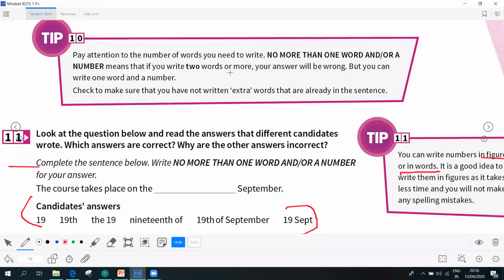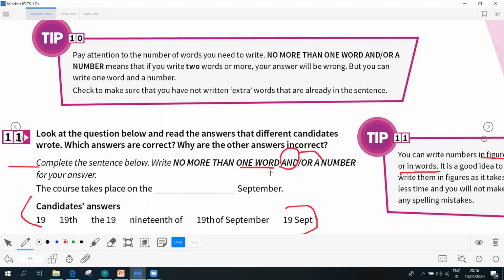Read the instruction. Write no more than one word and a number. So you are allowed to write a word and a number. That's fine. But you're not allowed to write two words according to the instruction here.